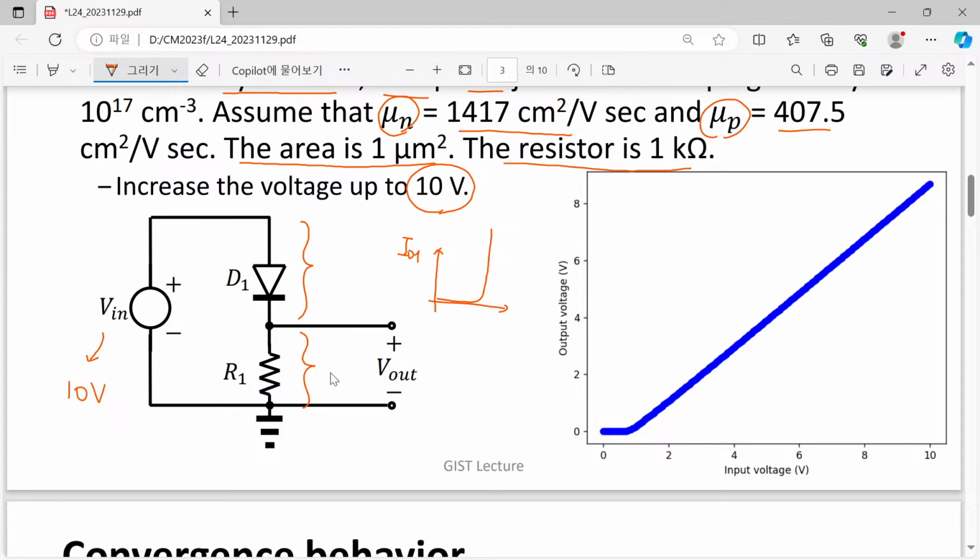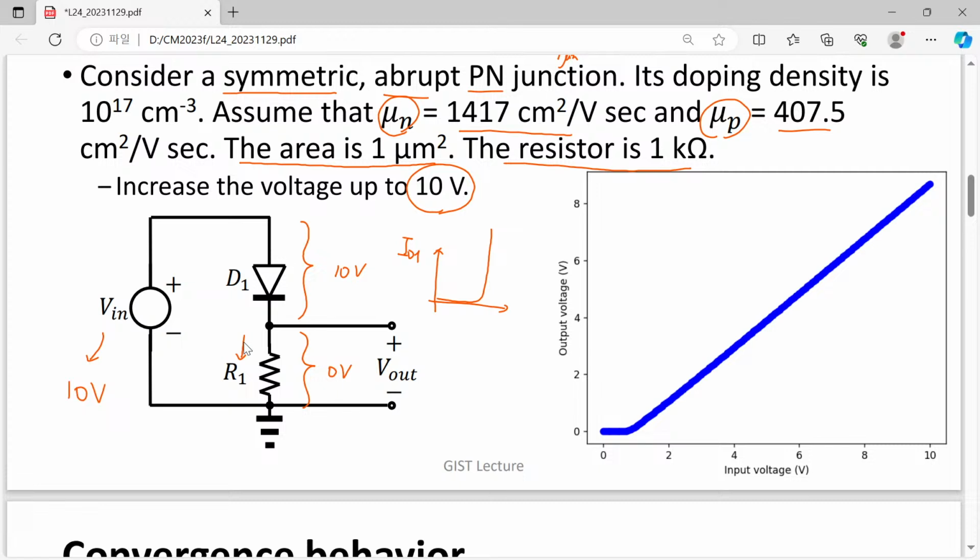In that case, we would have 0 volts across the resistor, which means there is no resistor current. Certainly, the diode current and resistor current should be perfectly balanced, so that is not the situation we want. Then why don't we have just a 9 volt and 1 volt case? Well, somebody can say that maybe there is some possibility.